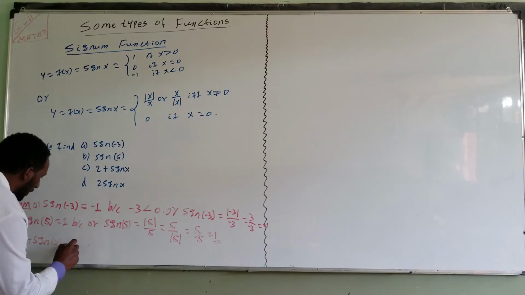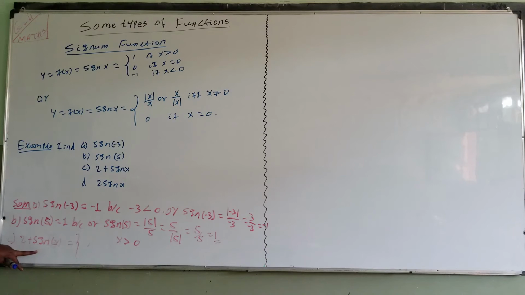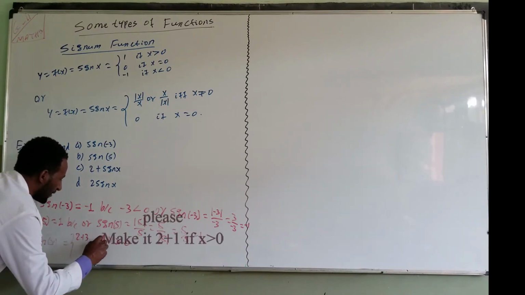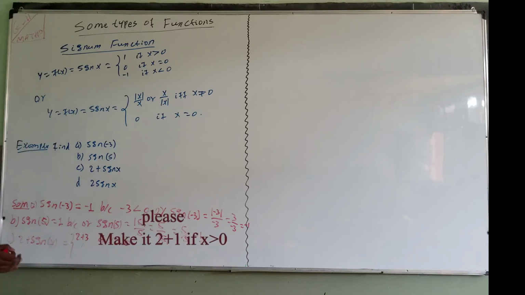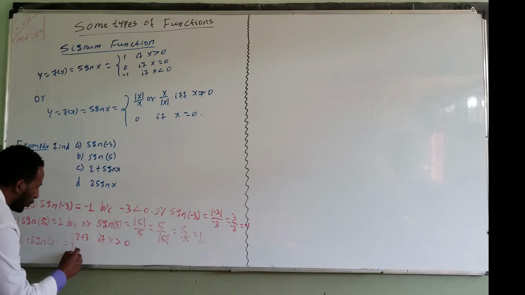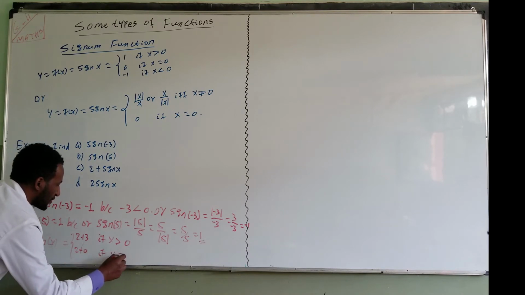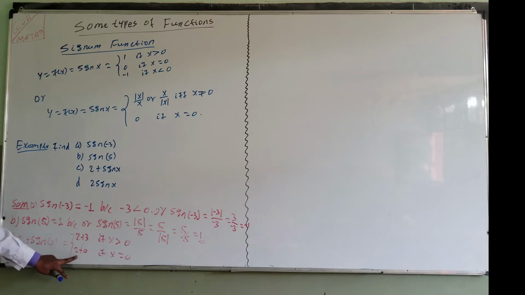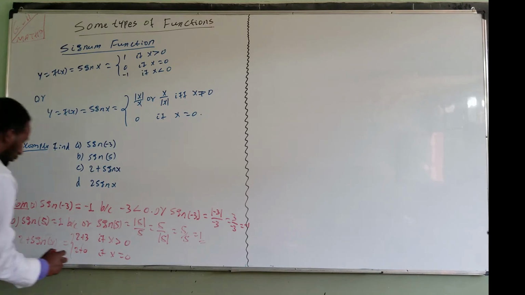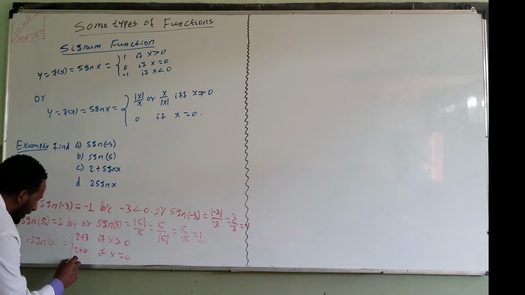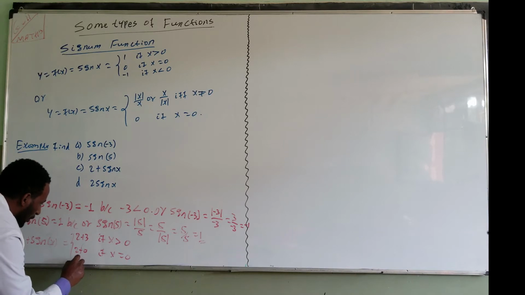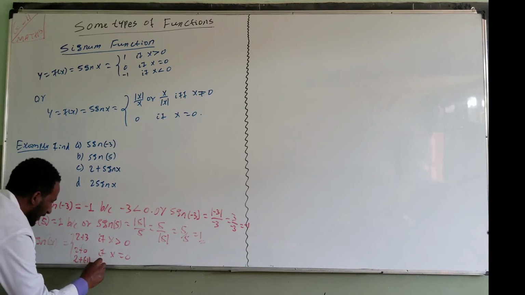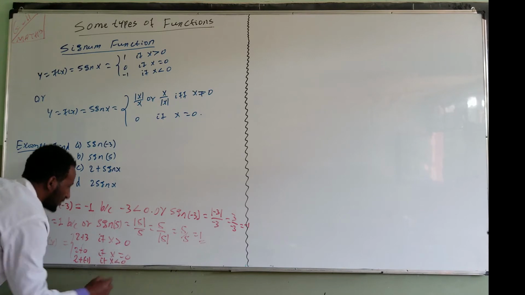When x is greater than 0, signum x is positive 1, therefore we have 2 plus 1 if x is greater than 0, and 2 plus 0 if x is equal to 0, because if x is equal to 0, signum of x is 0. Then when x is negative, we get 2 plus negative 1 if x is less than 0.